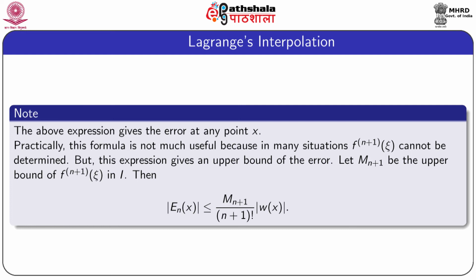So, this is the upper bound of the error in any numerical computation or any interpolating polynomial, where M_{n+1} is the upper bound of the (n plus 1)th derivative of the unknown function f(x).